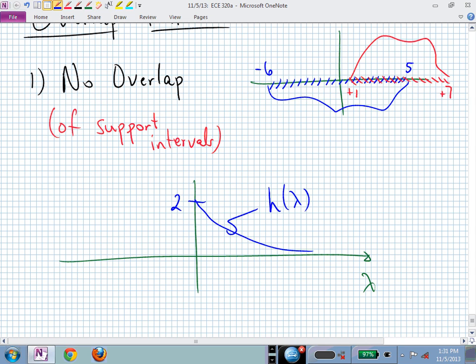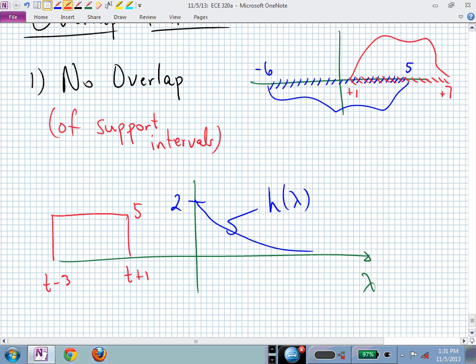And now I'm adjusting t in the x of t minus lambda picture to where I want t to be such that I have no overlap between x of t minus lambda and h of lambda. So that's really drawn to scale, isn't it? 5 is less than 2, but hopefully you understand what we need to do.